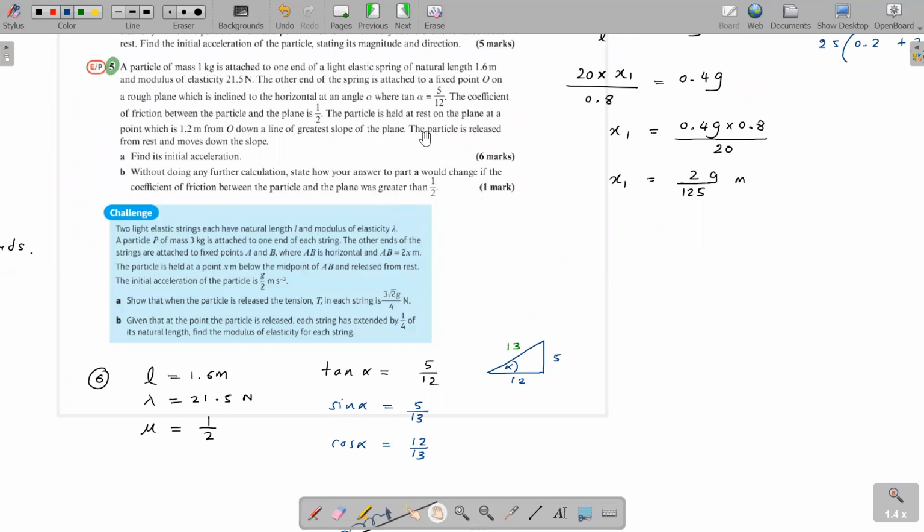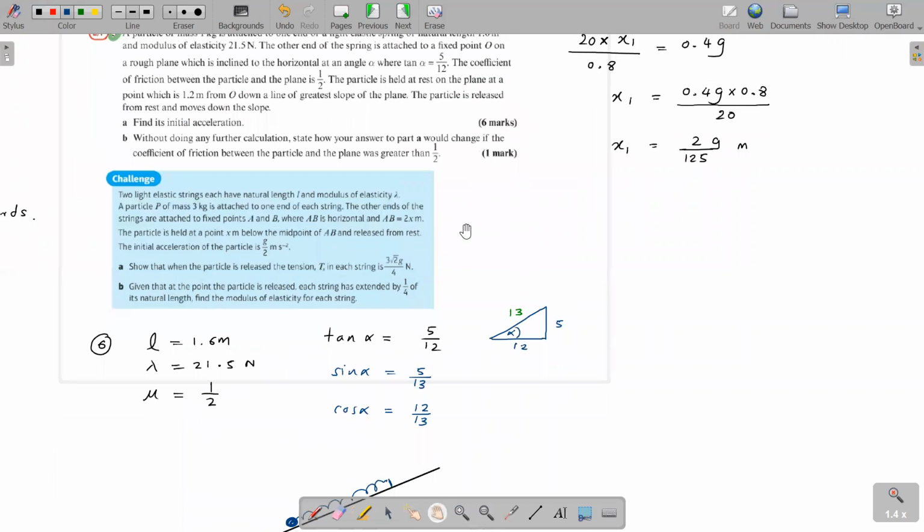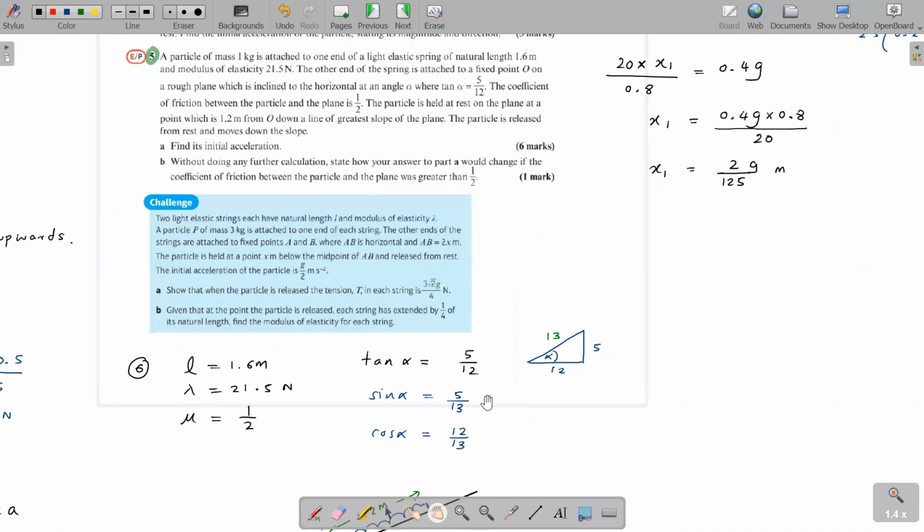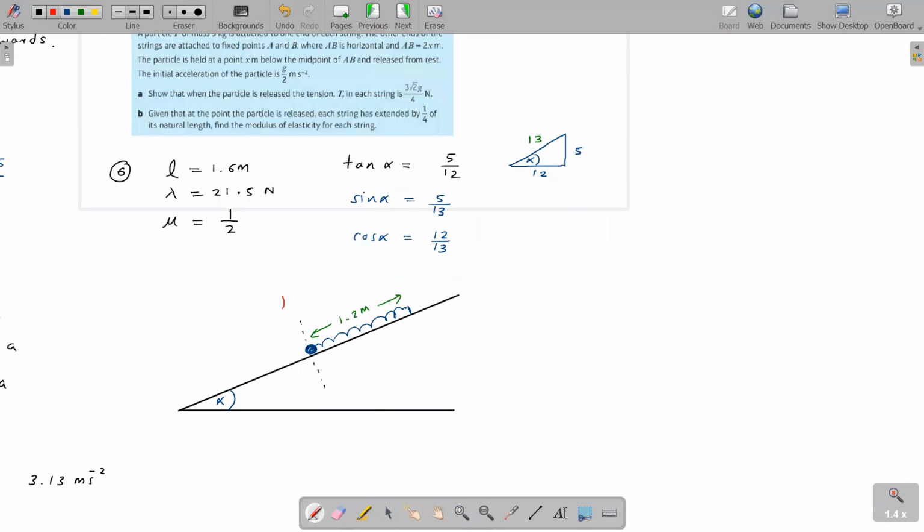The particle is held at rest on the plane at a point which is 1.2 meter from O. While you can clearly see the natural length itself is 1.6, which means the spring is compressed. Let me mark the natural length as well. Natural length is 1.6 meter.